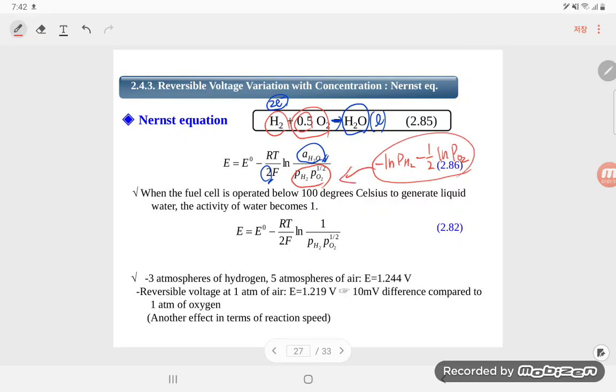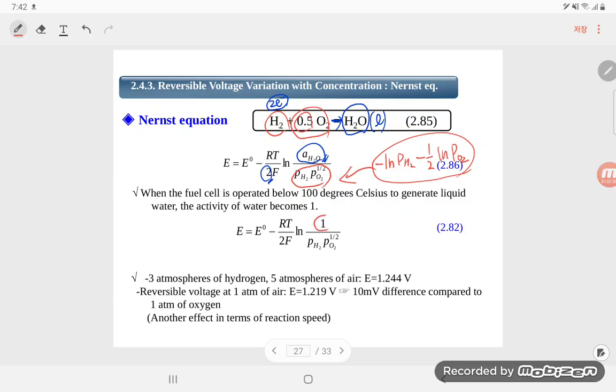So in the standard condition, the pressure is 1 bar, right? And here, water, this pure substance, the activity of this one is expressed as 1.